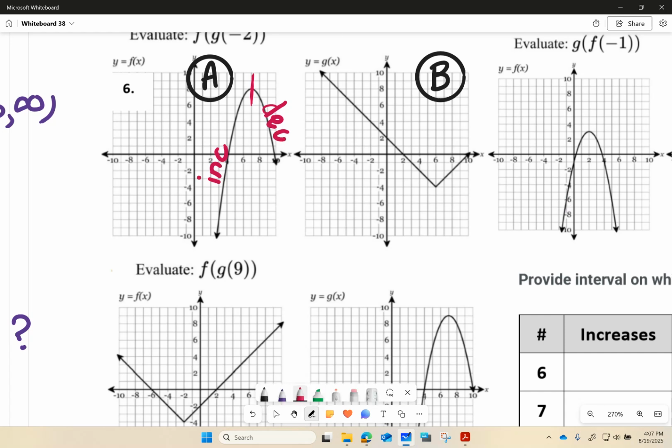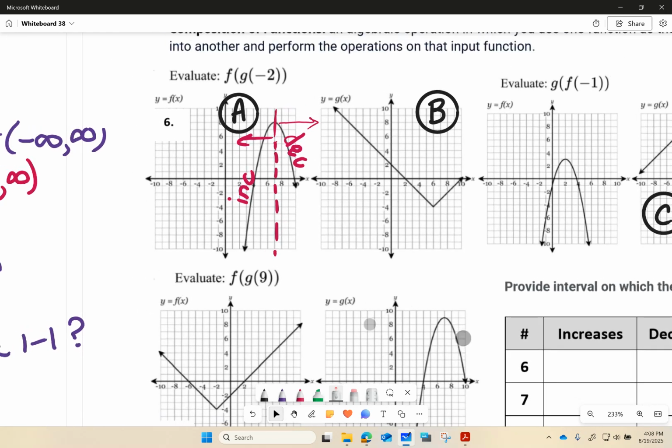So the increasing actually happened to the left of 7, and decreasing occurred to the right of 7. And when I'm talking about 7, I'm talking about 7 on the x-axis. Do you recognize that? So anything to the left of 7, those values were increasing when I traced it. And then after 7, they started to decrease.